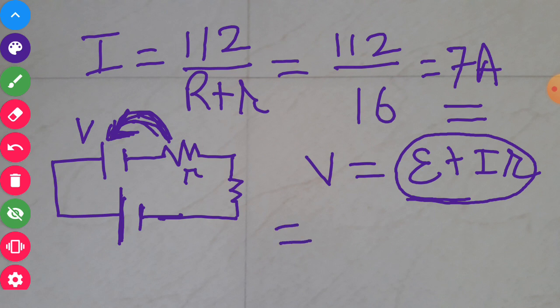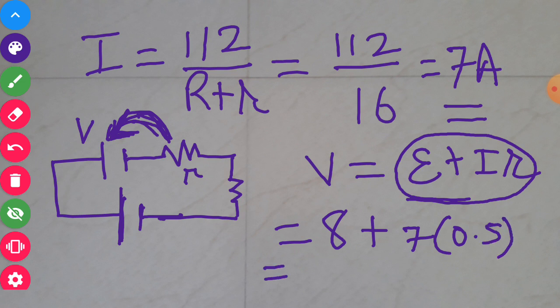E, the electromotive force of this battery, is 8 volt, plus the current which you got, 7, into the value of the internal resistance, that is 0.5. So 8 plus 3.5 becomes 11.5 volt. So 11.5 volt will be the terminal voltage during this process.